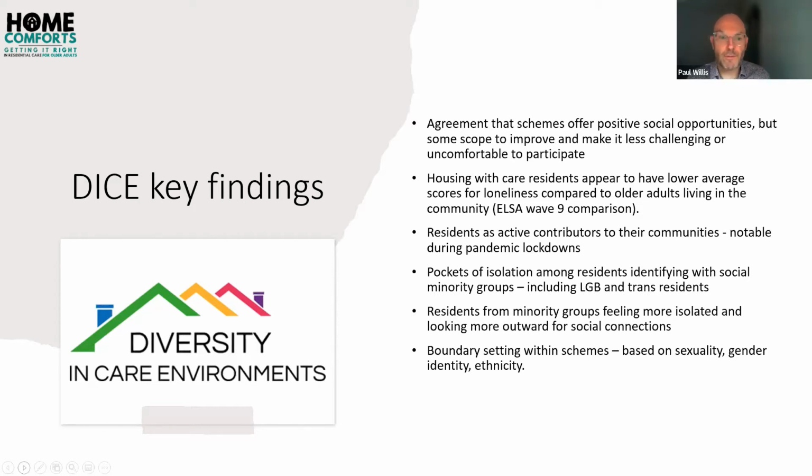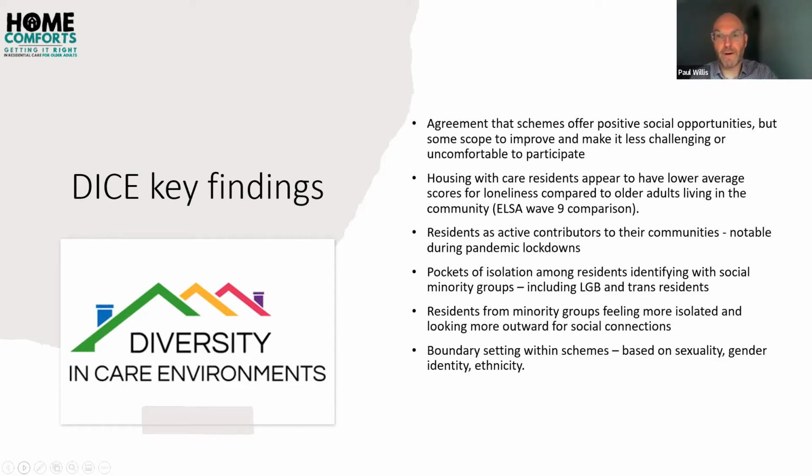So what we learned from our large survey of residents is that in a lot of the participating schemes, there was a lot of agreement that schemes offer positive opportunities for social interaction and connecting with other residents, with some scope to improve and make it less challenging or uncomfortable to participate, particularly for disabled residents.